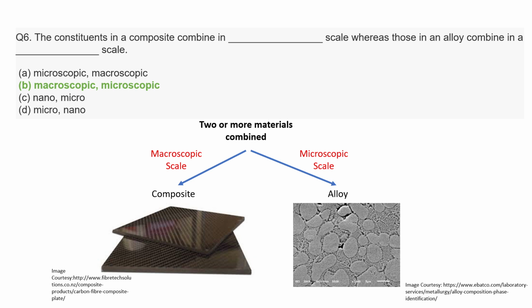That's why we say composites are combined at a macroscopic level. Whereas in an alloy, like if we got an alloy ring, we can't see and tell which metals are present in it, and they can only be differentiated at the microscopic level, different atoms, different metals that are used. That's why we say alloys are combined at a microscopic level.